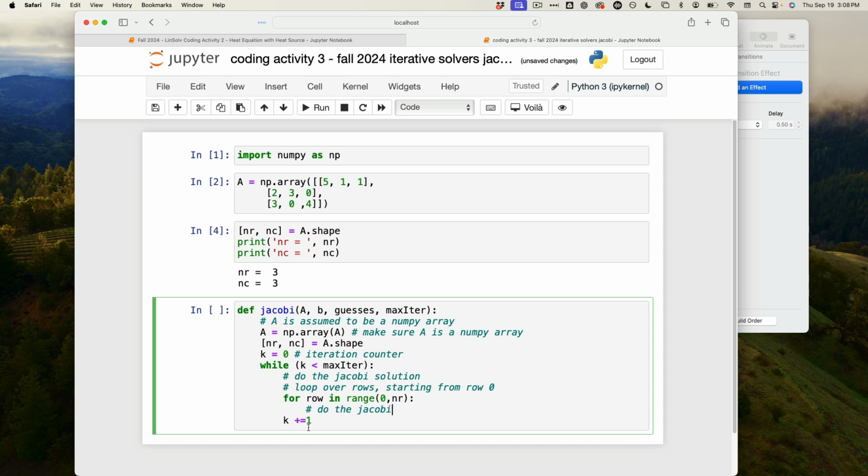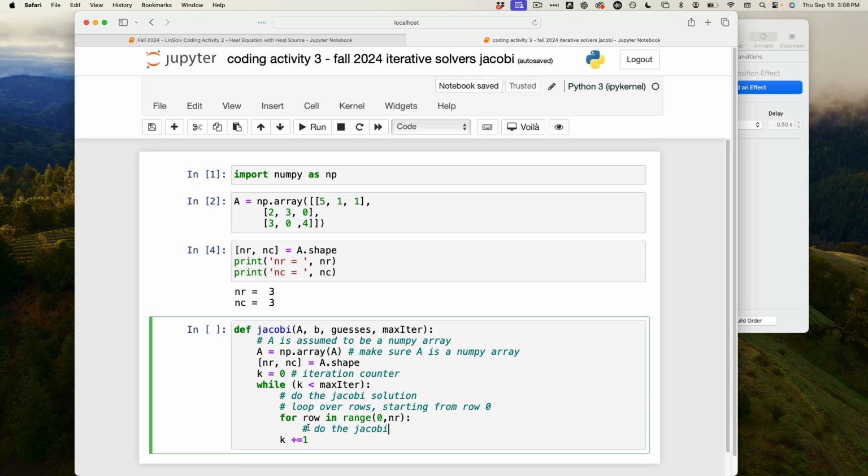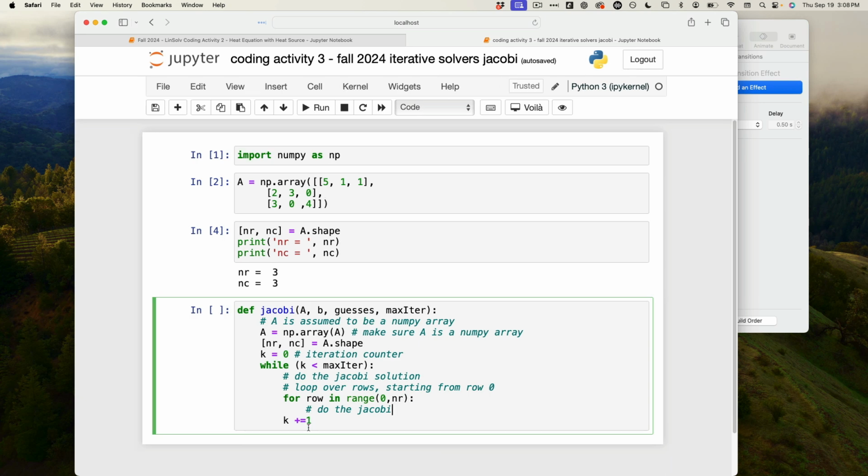In our outer while loop, we're going to do the Jacobi formula up until we reach max iterations. For each iteration k, we need to do the Jacobi formula. The Jacobi formula asks us to loop over all the unknowns, over all the rows. For each row, solve for the unknown corresponding to that.